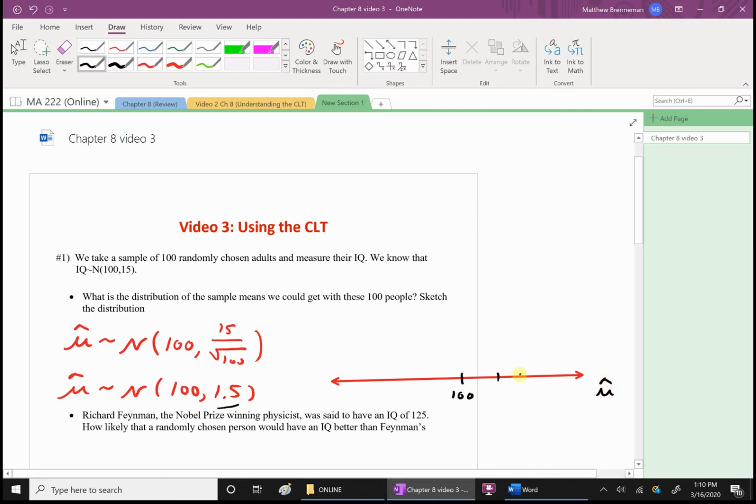So I'm going to have 1, 2, 3 standard deviations on this side, 1, 2, 3 on this side, and if I just add standard deviations and I subtract them, I get this. So this is the distribution of the sample means. In other words, if we took 100 people and averaged their IQ, this is the distribution that the sample averages would have.